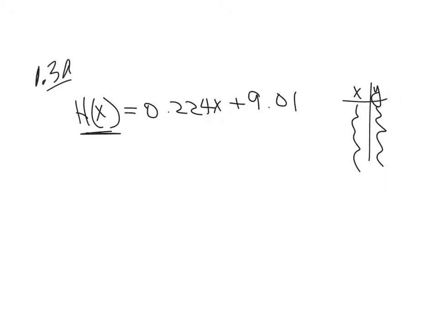Okay, so a linear function is a function that can be written as f of x equals ax plus b, with both the a and the b constants, meaning numbers. Doesn't really matter what numbers they are, but constants means they're not going to change.